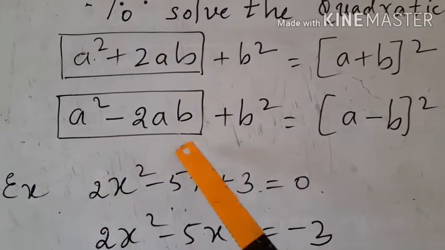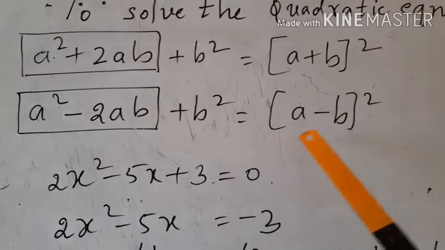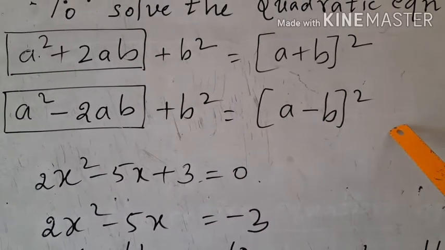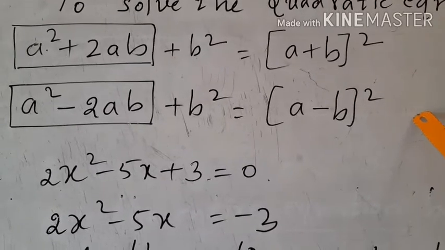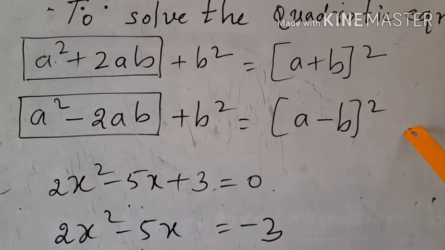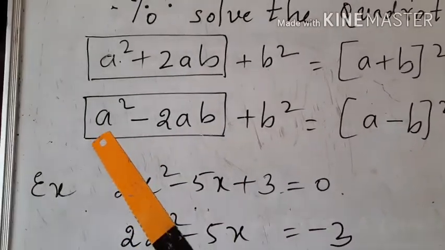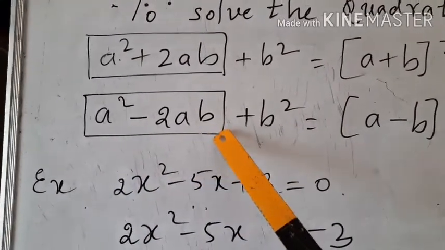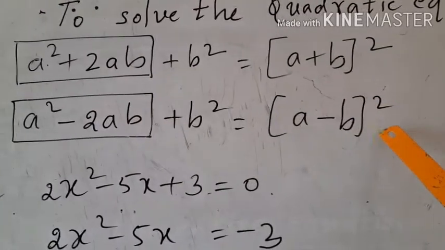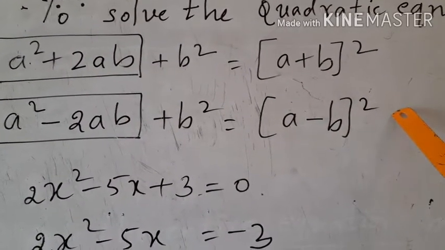Similarly, look at this. a square minus 2ab plus b square is equal to (a minus b) the whole square. Here, (a minus b) the whole square is a complete square or a perfect square. But children, if we consider only a square minus 2ab, it will not be equal to (a minus b) the whole square.